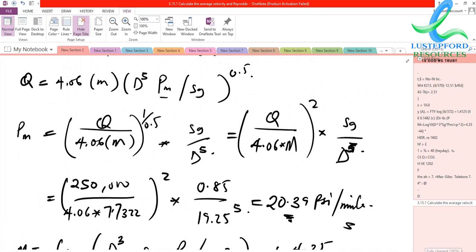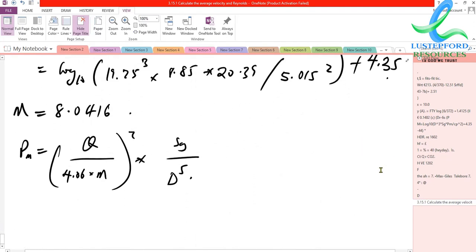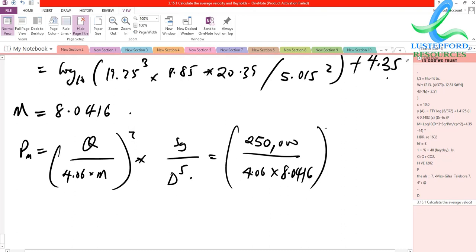It's correct. So let's work it out again. I have my flow rate divided by 4.06 times my M, which is 8.0416, all raised to power 2, times 0.85 divided by 19.25 raised to power 5.